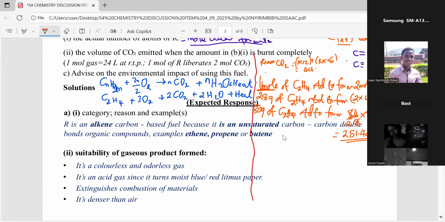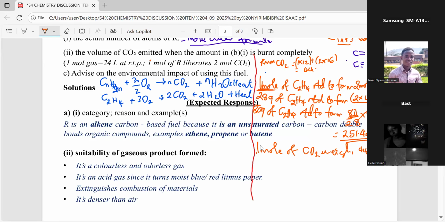Where are you getting 88 grams? Okay, sorry, 88 grams was there for 2 moles of carbon dioxide. But if 1 mole of carbon dioxide is equal to 44 grams, we're going to divide the mass, because the mass that we have right now is for 2 moles of carbon dioxide.